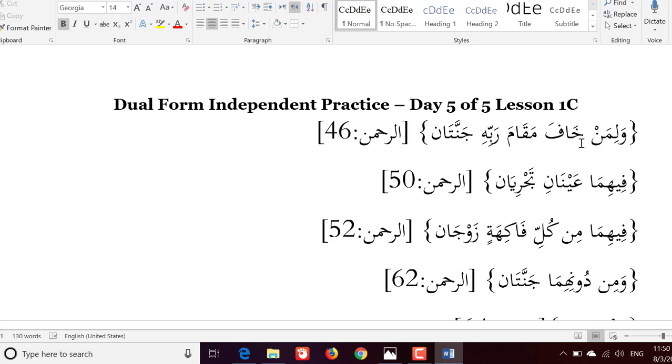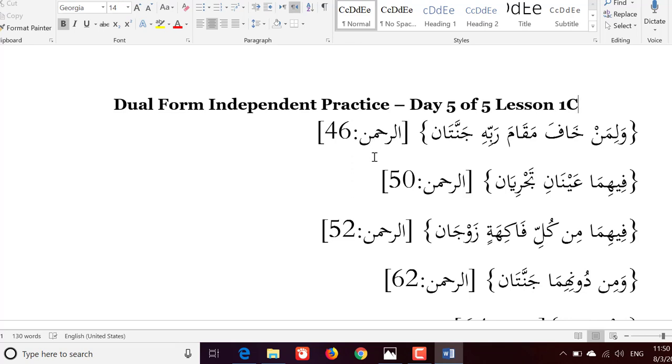Now, please pay attention. Just because it has an aleph and a noon at the end does not mean it's dual. For example, Ar-Rahman. Even though you don't see it here, if you look in the Mus'haf, you'll see a small aleph written. Okay, so you have an aleph and a noon for Ar-Rahman, but that's not two Rahmas. Sometimes a word just ends with the an sound.